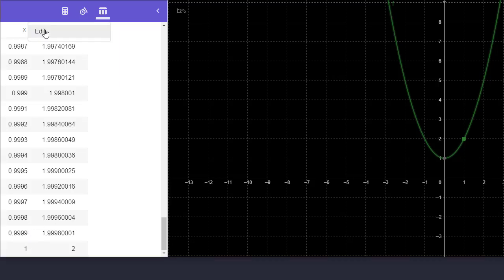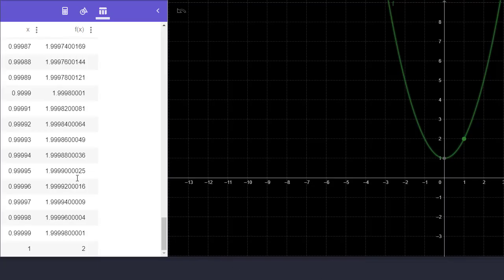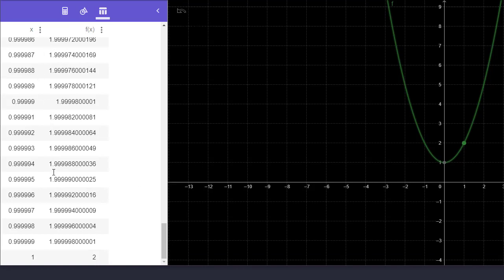Now I increase the number of significant digits again, and again, and again. Keep in mind, we don't typically want to use tables to evaluate limits because you can see how close we have to get.